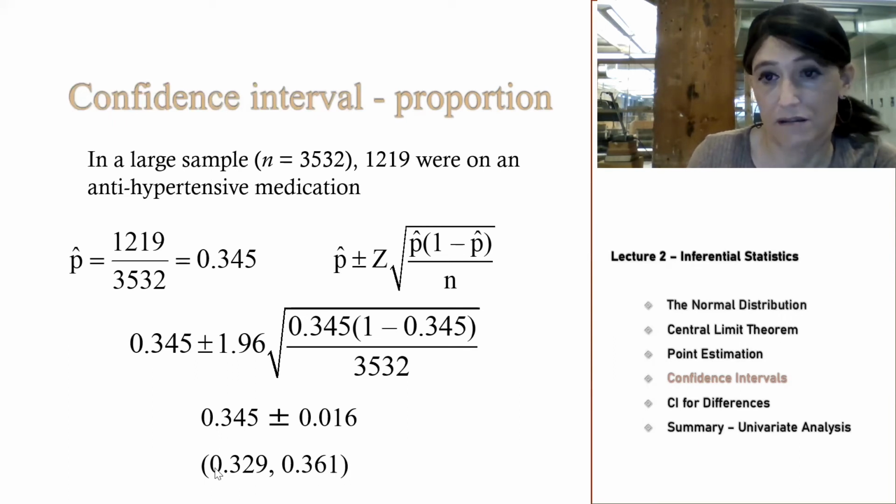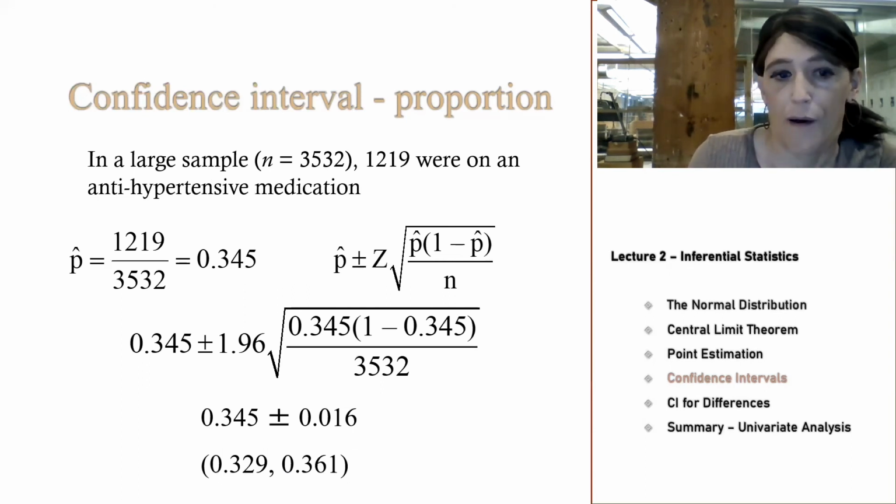Okay, notice that's about a 4% span here for the confidence interval, but we've got a fairly large sample size, so we can say the true population percentage that are on an antihypertensive medication is somewhere between 32% and 36%. Okay, and that might be close enough if that was our goal. But that would be how we would report out in terms of where we think the population value actually falls.